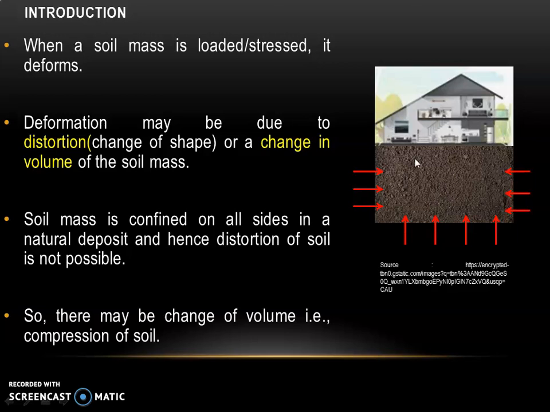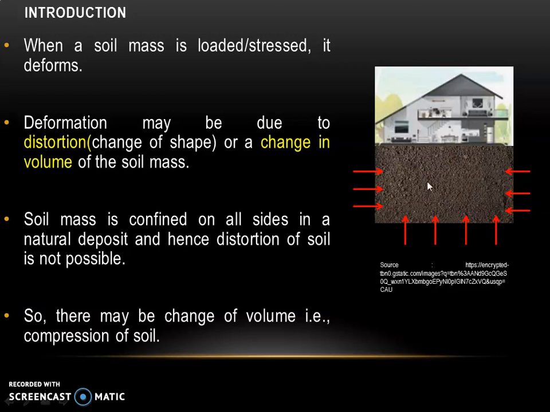When a soil mass is loaded or stressed by construction of any structure, it would deform, and this deformation may be due to distortion, which is nothing but change of shape, or it may be due to change in volume of the soil mass. But the soil mass is confined in all the directions, that is at the sides, at the bottom, and also on top.